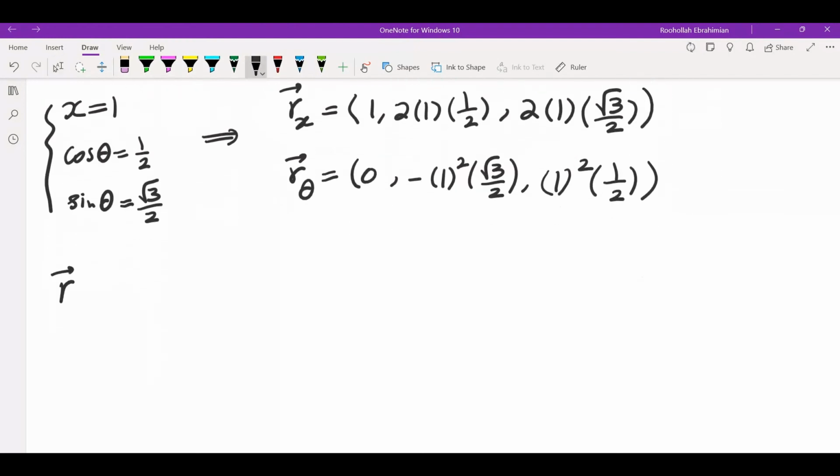So if you find the cross product of these two, we are going to get, eliminating the first column, we multiply those, we get 1 times 1/2, so that's 1/2 minus, so that is plus, and then root 3 over 2 times root 3 over 2, so plus 3 over 2.